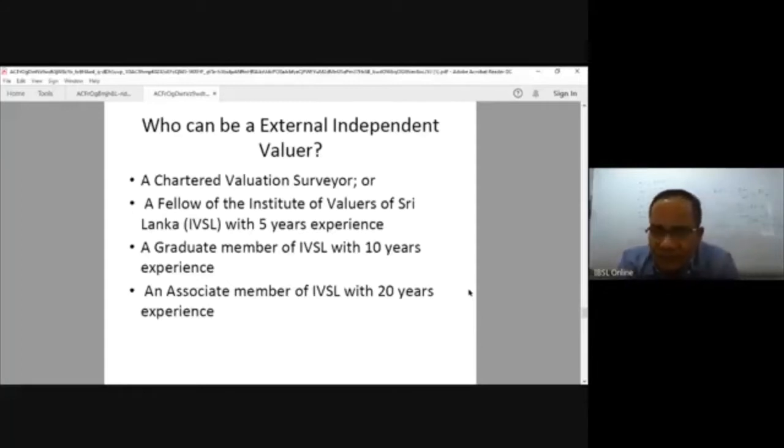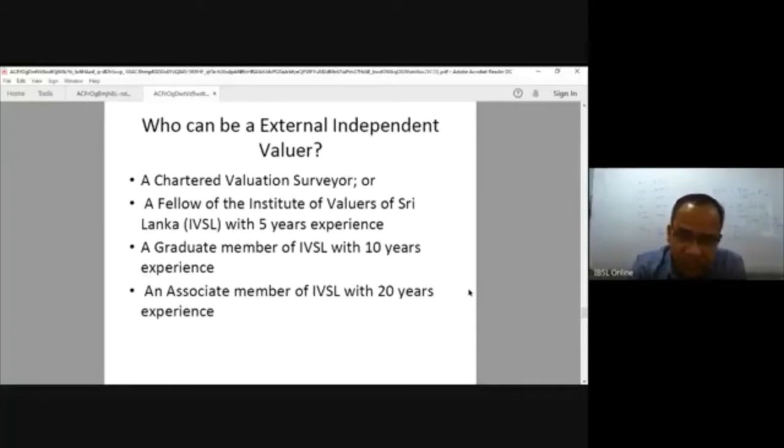So the valuer needs to be a chartered valuation surveyor, or there are some qualifications given as per the central bank. Some qualifications are there for a valuer. Not that everybody can go and do a valuation.